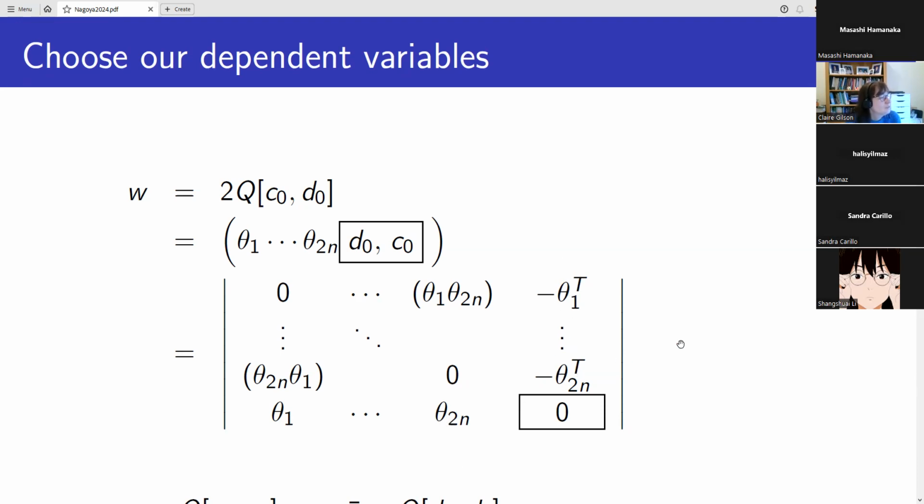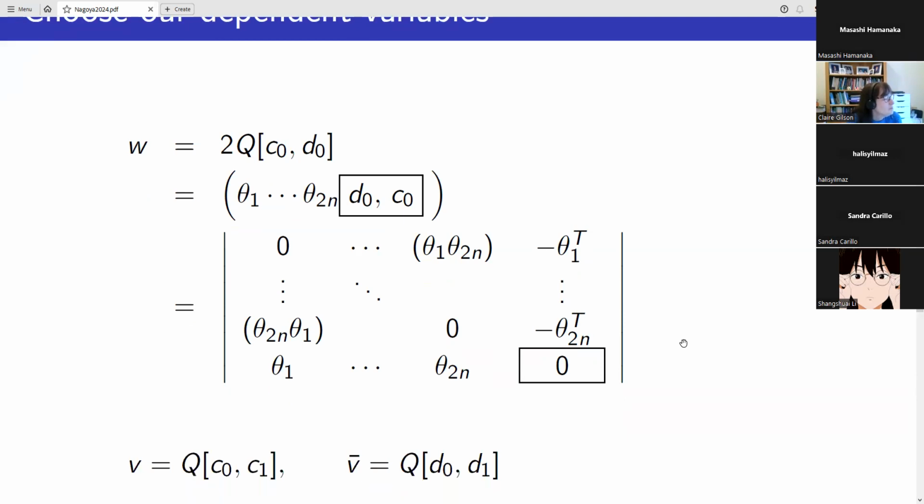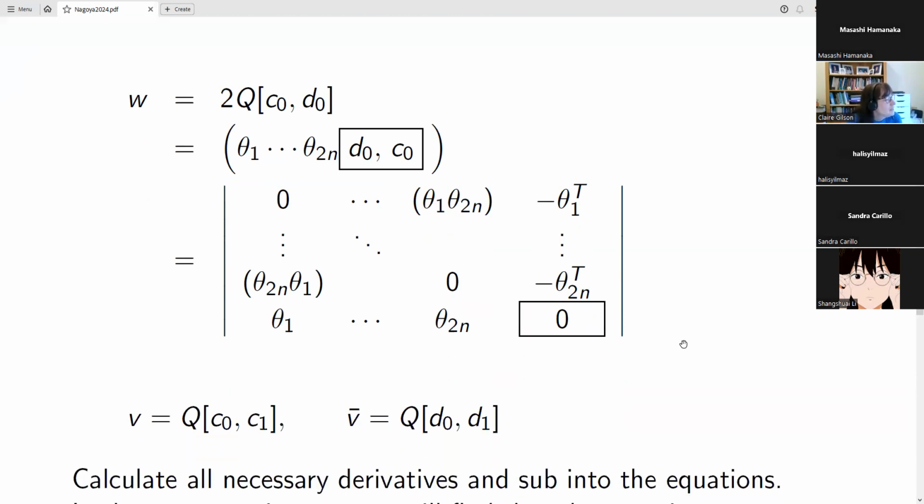Okay, so apologies for switching things. My V is basically the quasi-determinant with a row of thetas and a column of thetas transpose, and the V bar is a quasi-determinant where the borders are the G's.